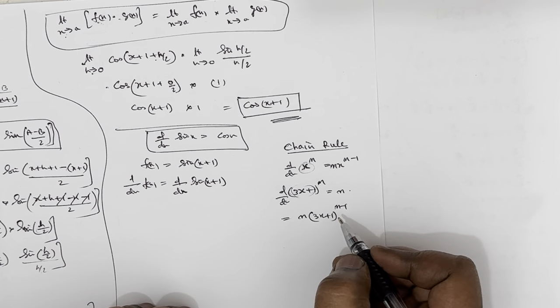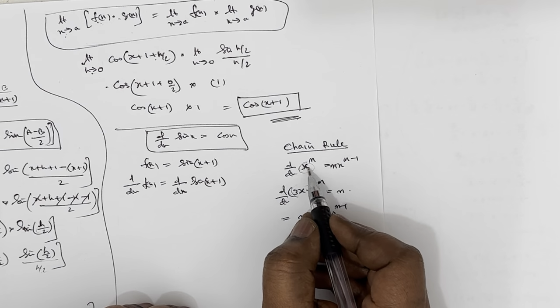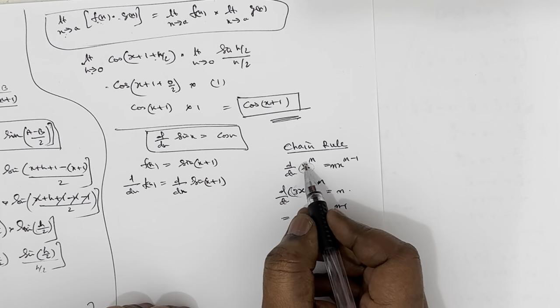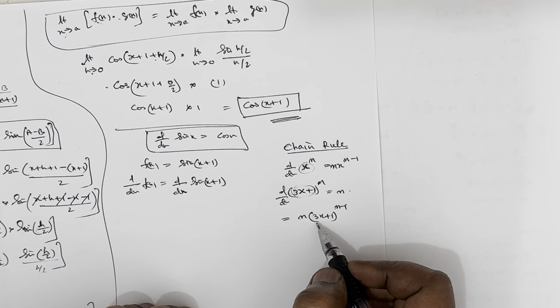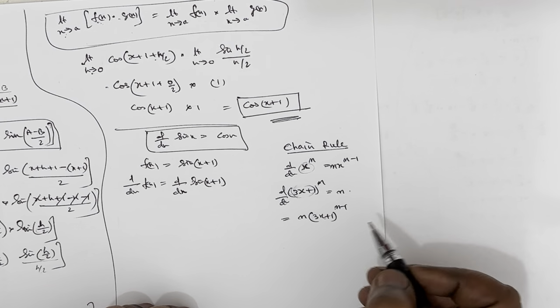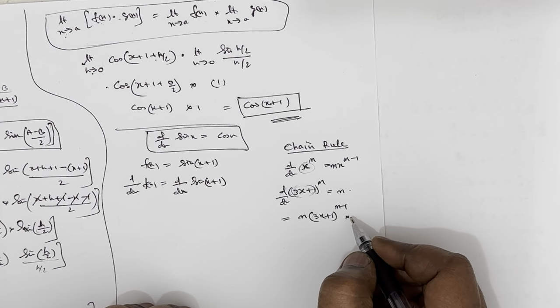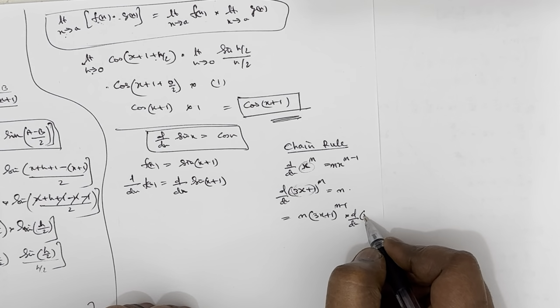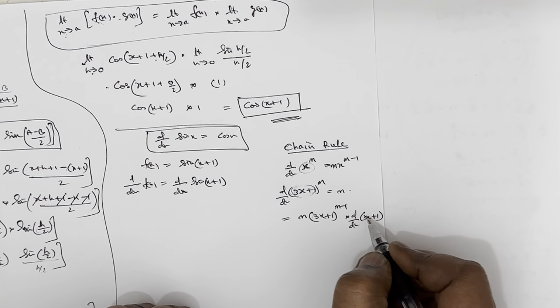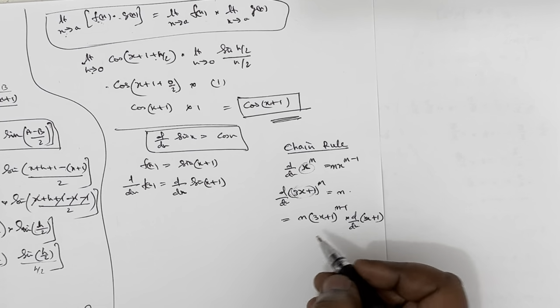Since this is not x, because we are assuming this to be in place of x, we differentiate this again, multiplied by its derivative, d by dx of (3x + 1). This is called the chain rule.